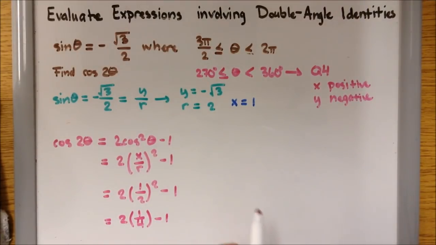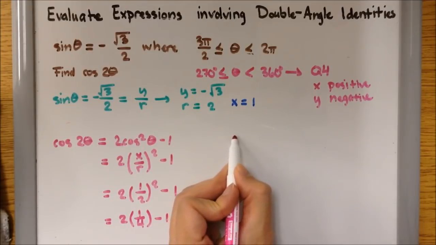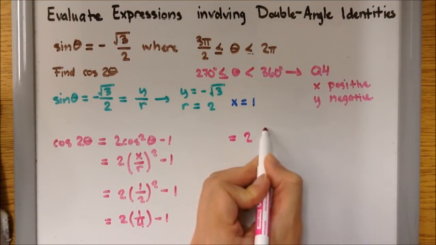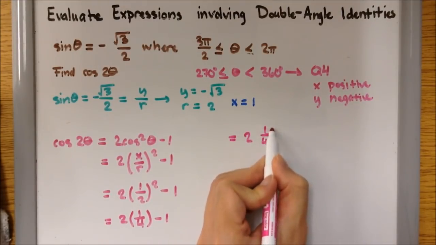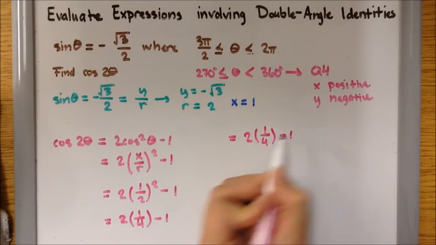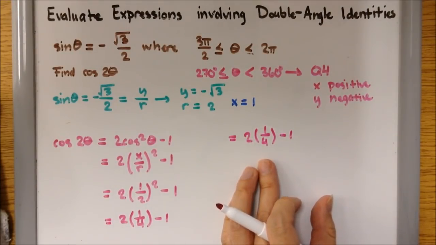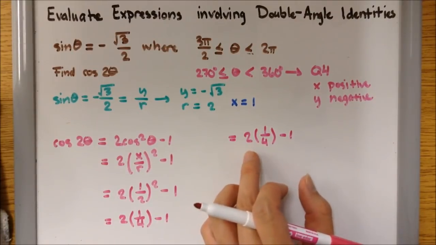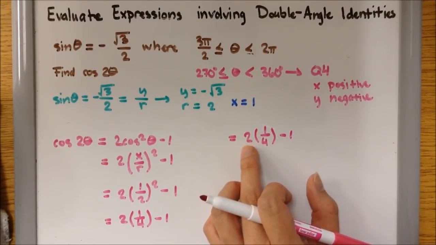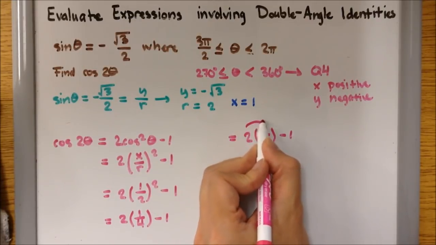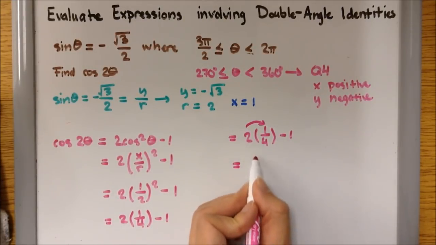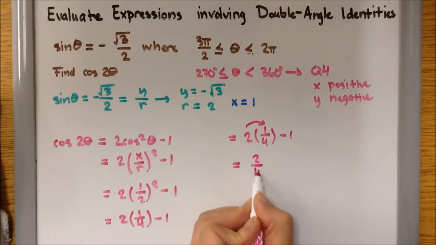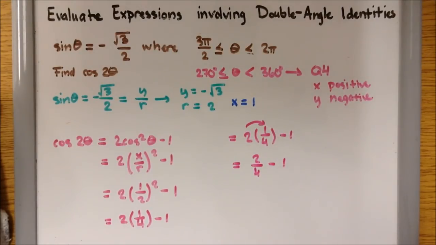Alright, so then I'm going to move over here for more room. So once I'm finished with the exponents, then the only thing I'm worried about is the number outside of the parentheses, so I'm going to multiply to the top. So that's going to be 2 over 4 minus 1.